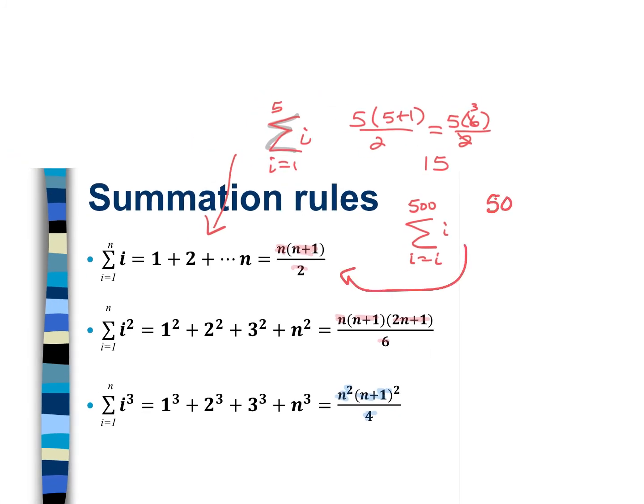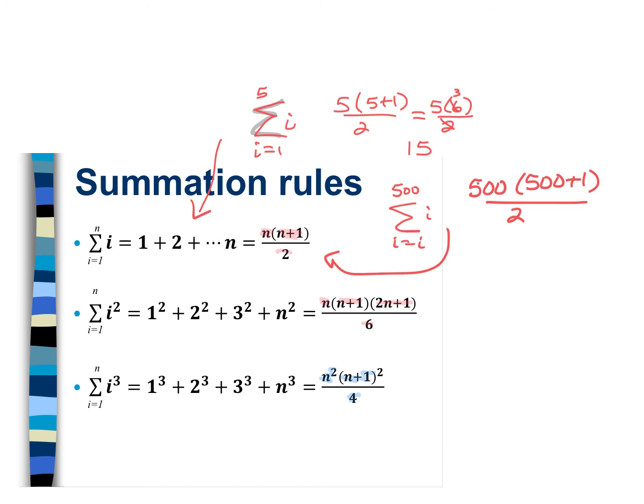I would do 500 times 500 plus 1, divided by 2. I get 500 times 501, divided by 2. If you want to simplify before you multiply, you can. So I'm just multiplying 250 times 501, and I get 125,250. That would be the sum of that sequence.